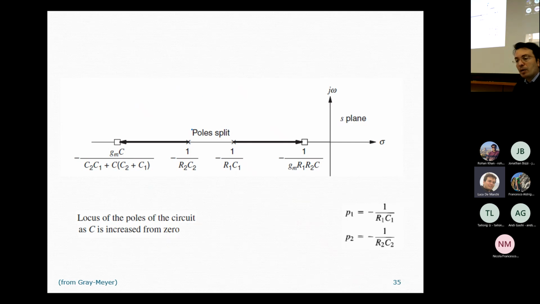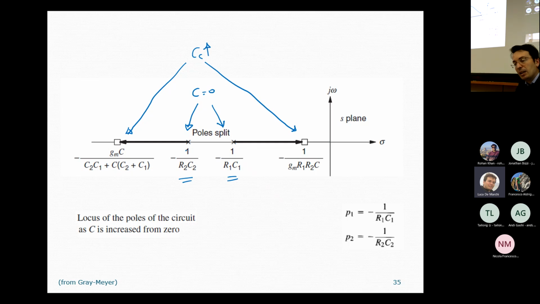So this is the situation. This is the case for C equal to 0, with the two quantities quite similar to each other, closely spaced. And this is the condition in which the compensation capacitance is non-negligible. If we increase the compensation capacitance, then the splitting of the poles increases as well.